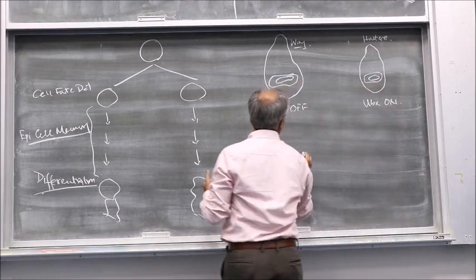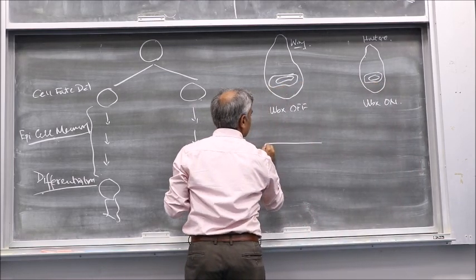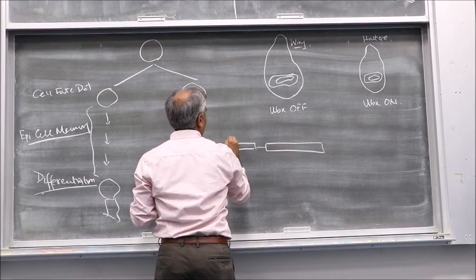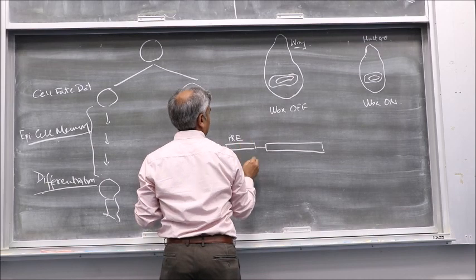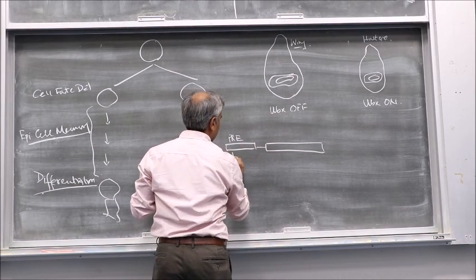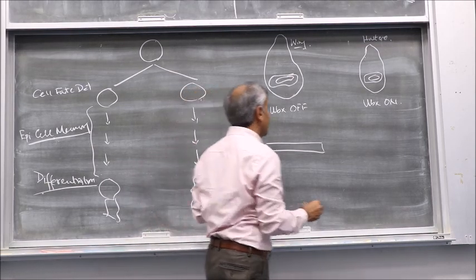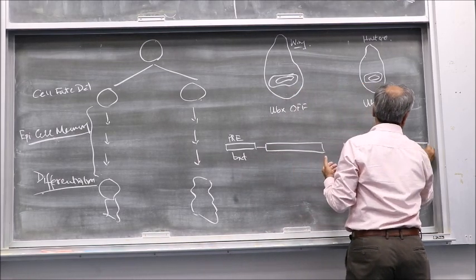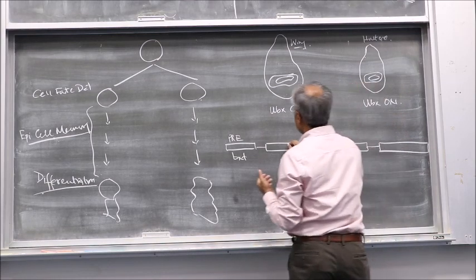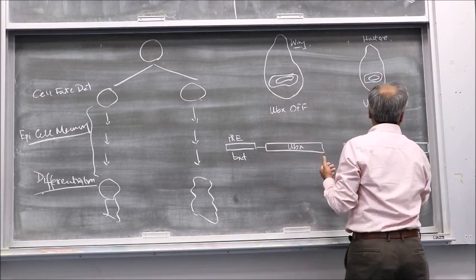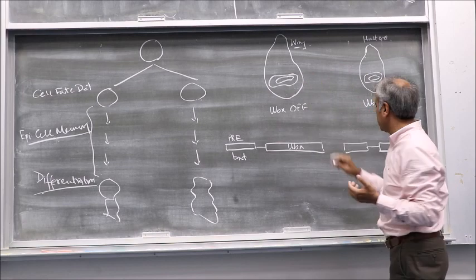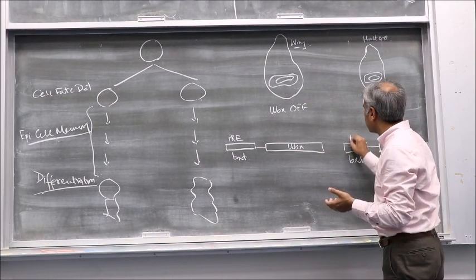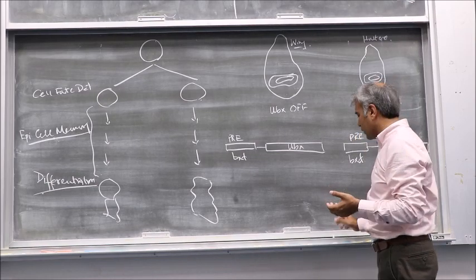Now, if we just look at UBX, you have the PRE, which in the trithorax complex is called the bxd PRE, and the same UBX gene. So this is the same UBX gene in the haltere cells and in the wing cells, as we are again and again learning that each cell contains the same set of genes, the same chromosomes.